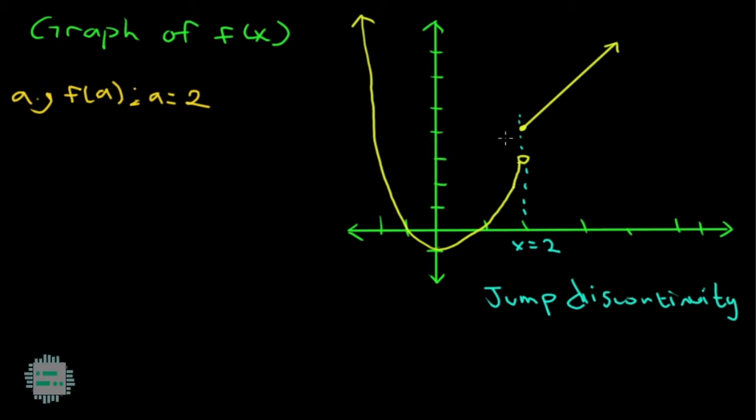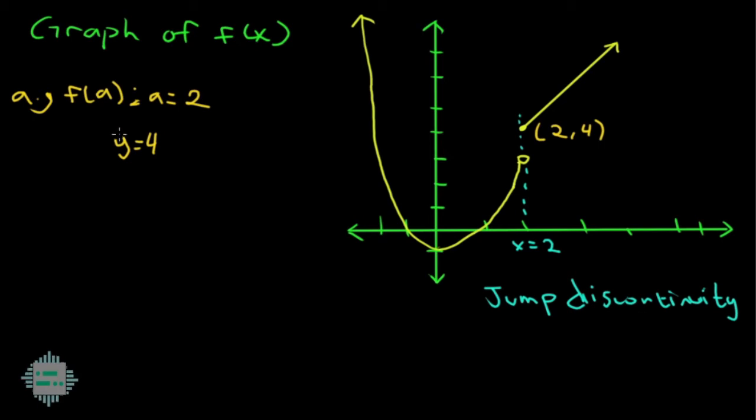So y equals 4. Defined si f of x at x equals 2 kasi may lalabas na point dito, 2, 4. So may f of a tayo. F of a is 4.